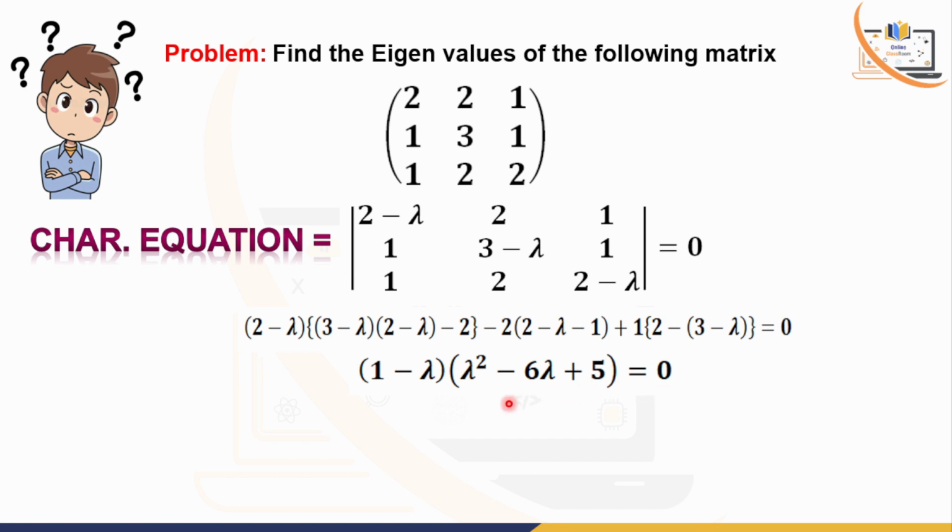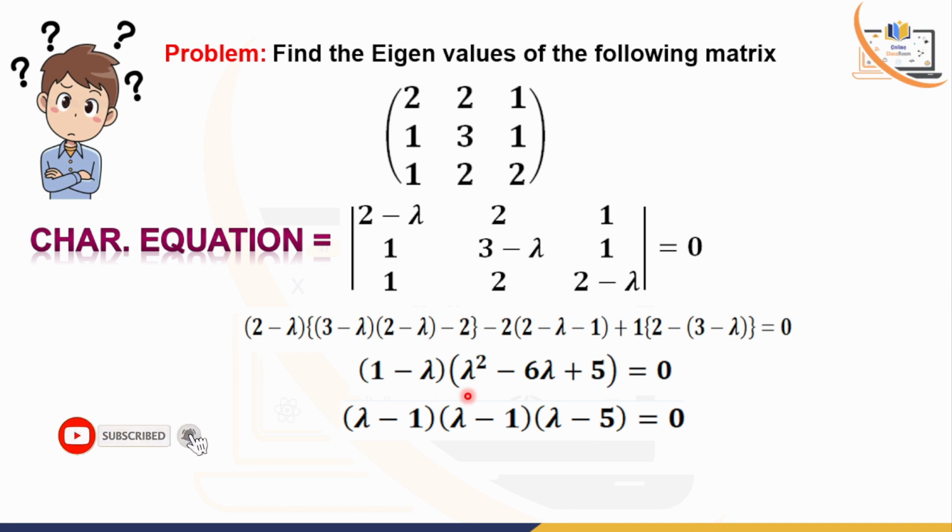That is the simplification of the above equation. In the next step, if you solve lambda square minus 6 lambda plus 5, you get two factors. The first factor is lambda minus 1, another factor is lambda minus 5. So we have three factors here.